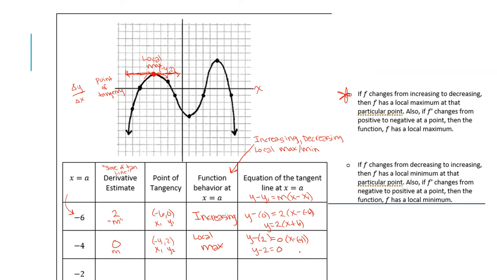And if I solve for y, then I'm left with y equals 2. So what this is saying is the equation to this red line here is y equals 2. I'll do one more example and then have you all do a few where I can check for understanding.